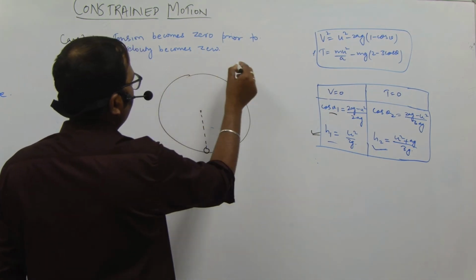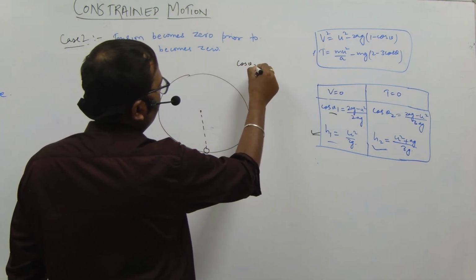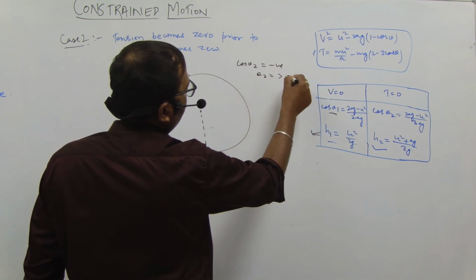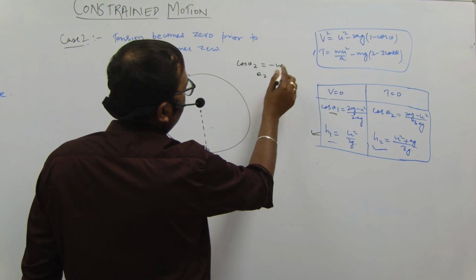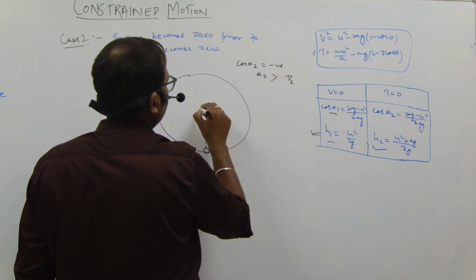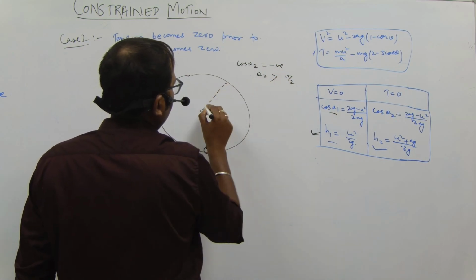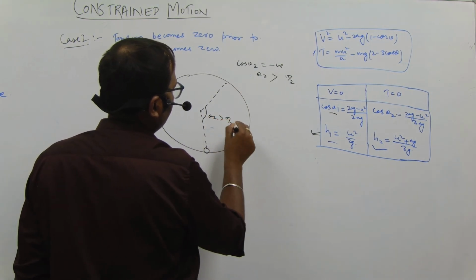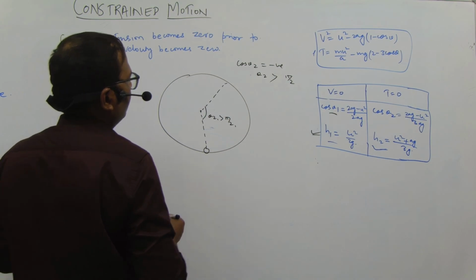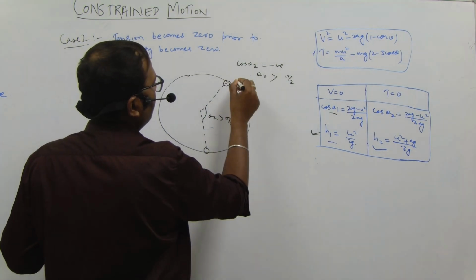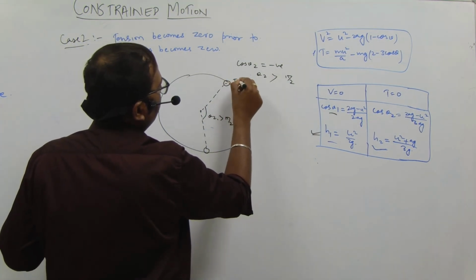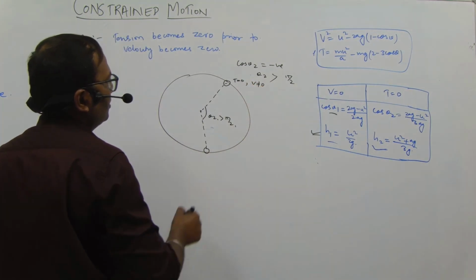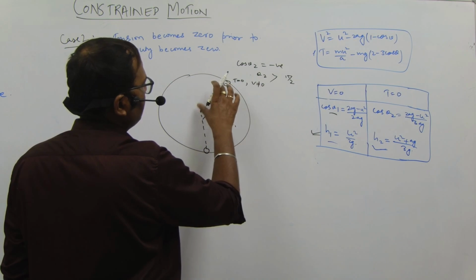We have cos theta 2 as negative, which means theta 2 is greater than pi by 2, so it will lie somewhere here. At this particular point the tension is equal to 0 but the velocity is not equal to 0, so the string gets slack.